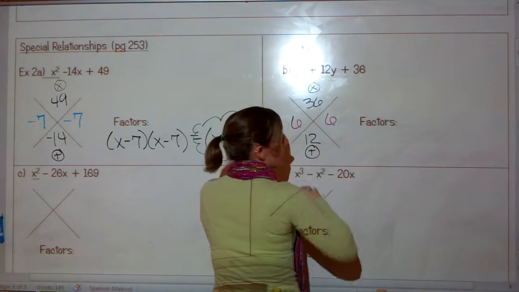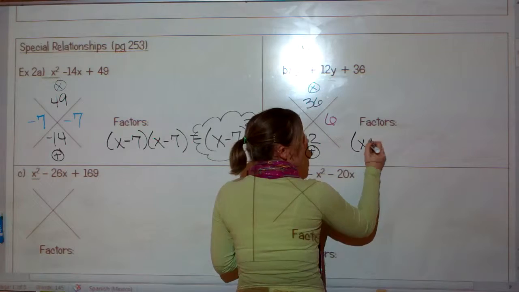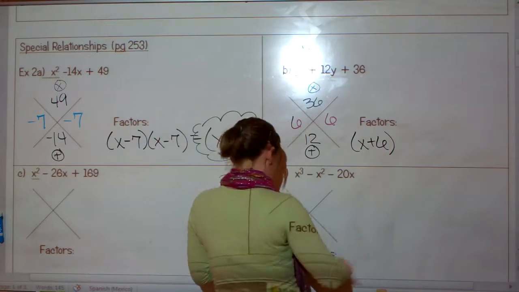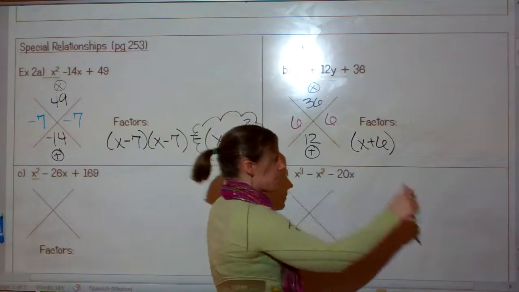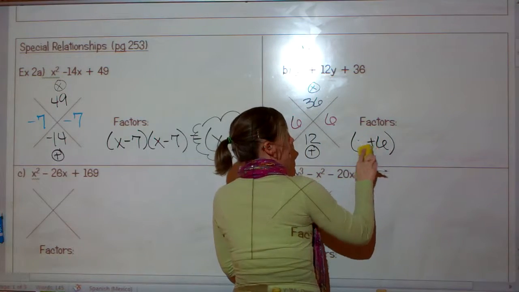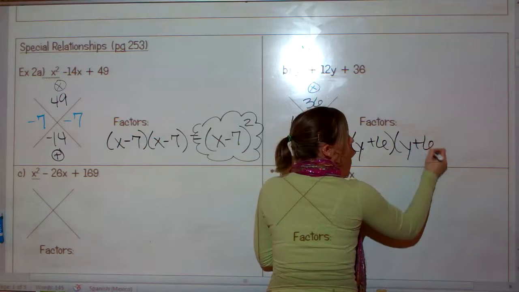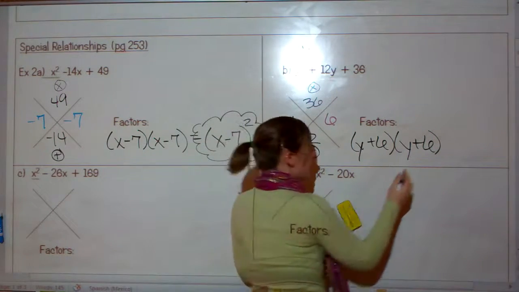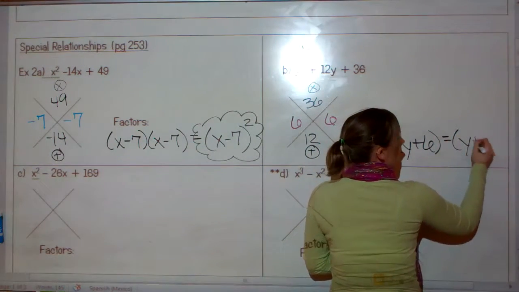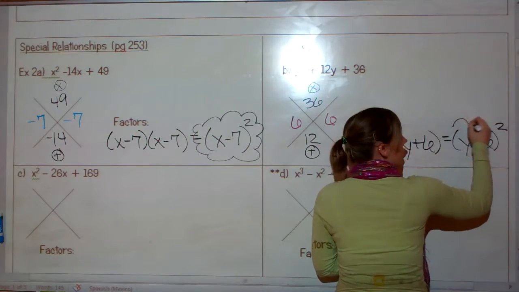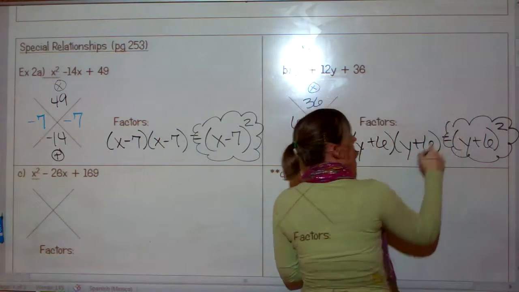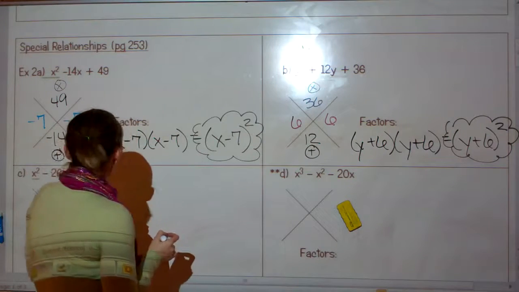So our factors are x plus 6, excuse me, it should be a y in this case. Alright, y plus 6 and y plus 6, but a lot of times we condense it to y plus 6 squared. Since we're multiplying the same thing, we're squaring it.